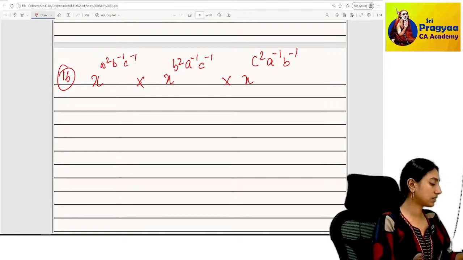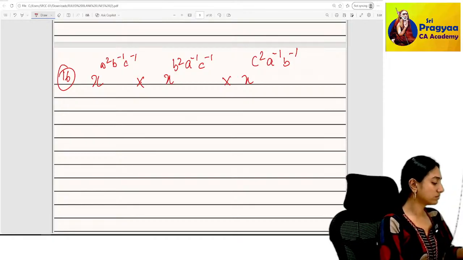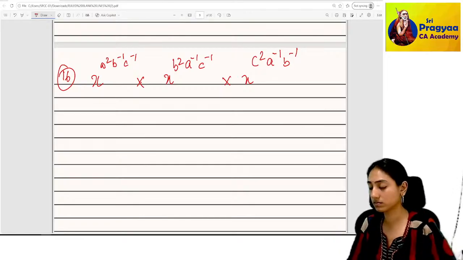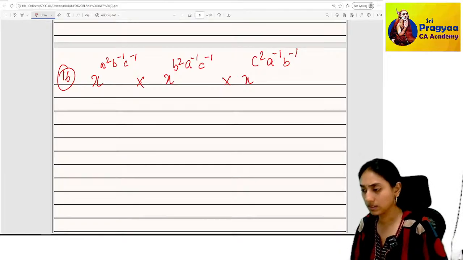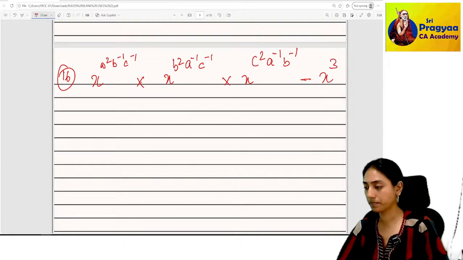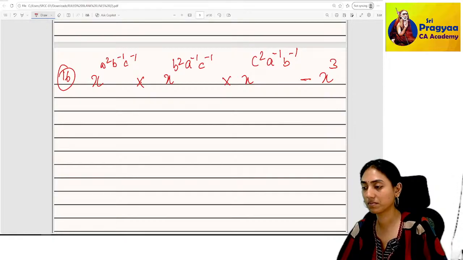How will you start? Minus 3 cube. X to the power minus 1, the bottom line is the power B. B to the power minus 1.